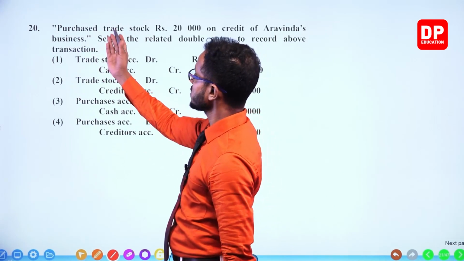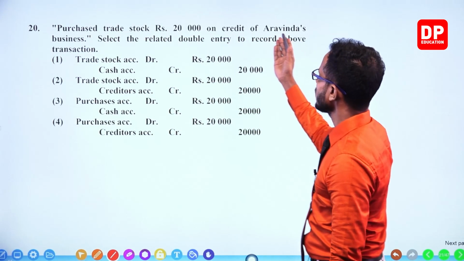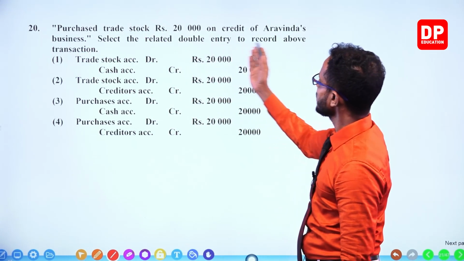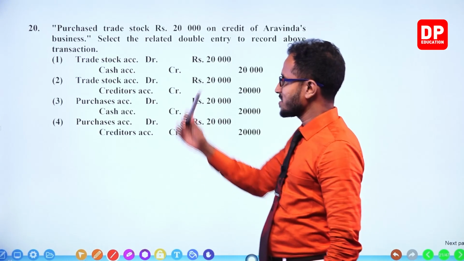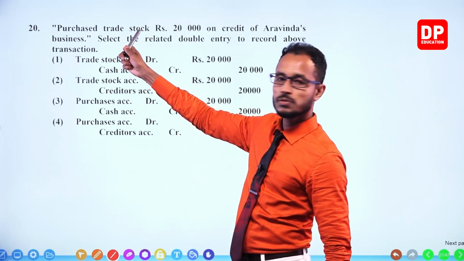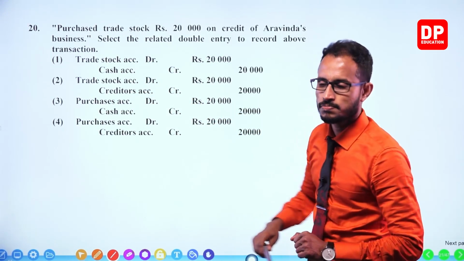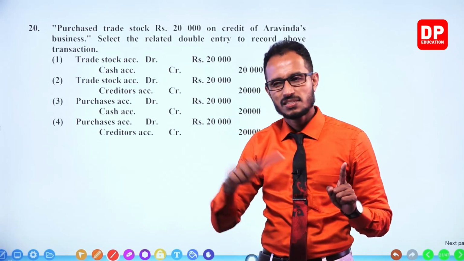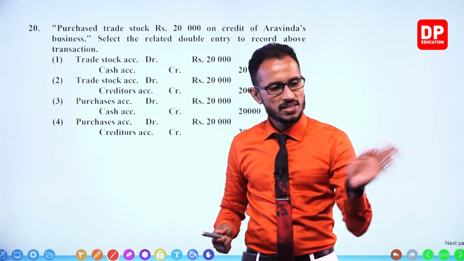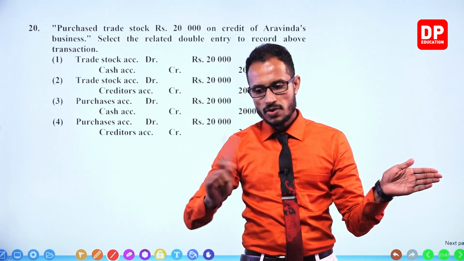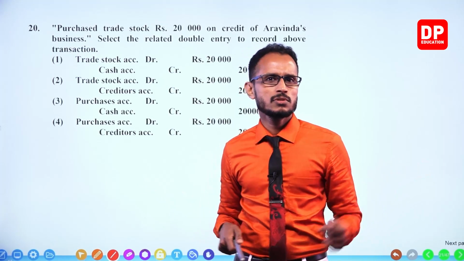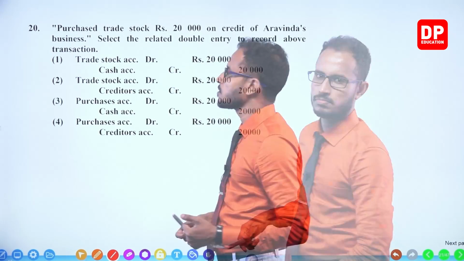Purchase of trade stock 20,000 on credit for Aravinda's business. Select the related double entry to record the above. Purchased trade stock, it's a purchase transaction. Debit the purchases account, credit the creditor's account. It's a purchase on credit.